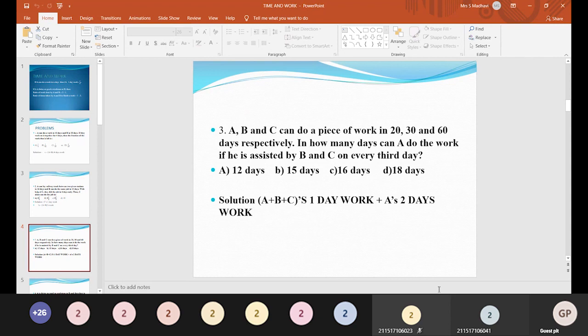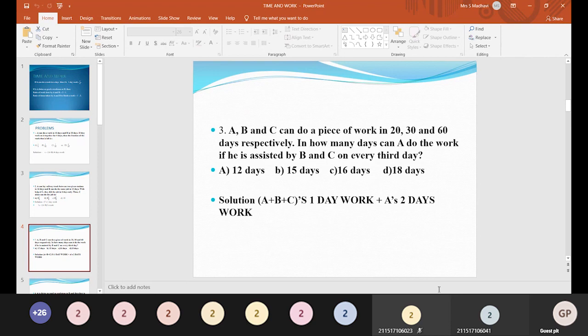So we have taken the hint as A plus B plus C is 1 day's work plus A is 2 days work. That is 1 by 10 plus 1 by 10, which is equal to 1 divided by 5. So the whole work is done in 3 days, on every third day they join.